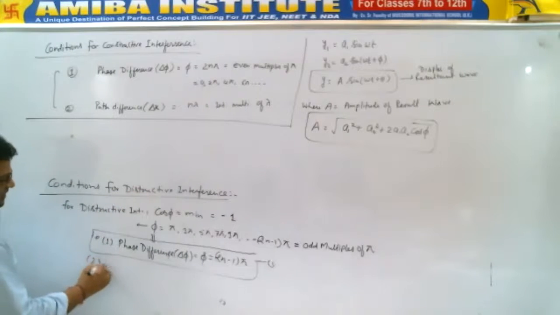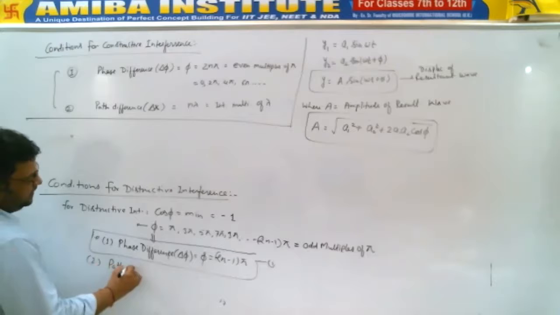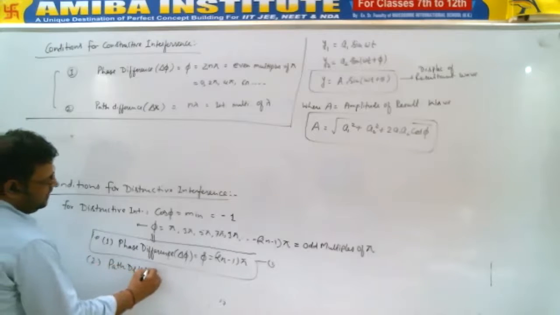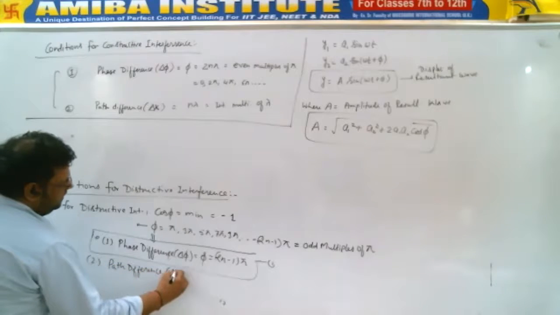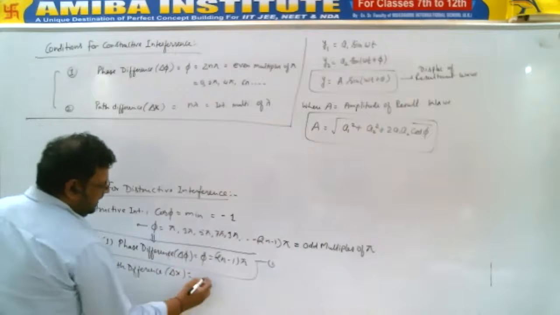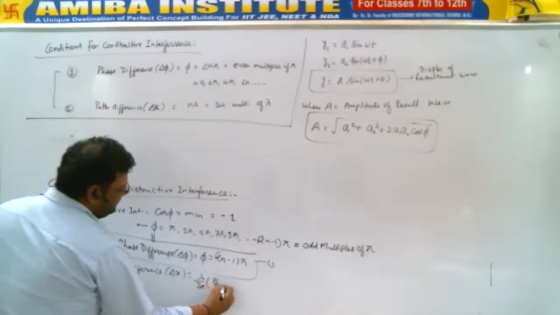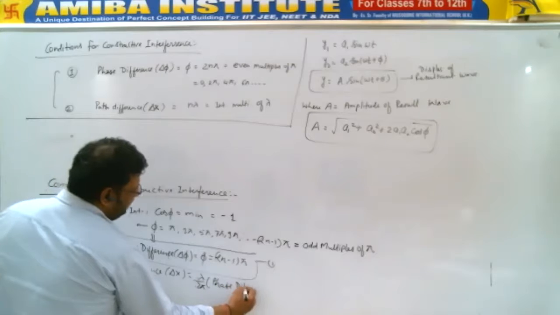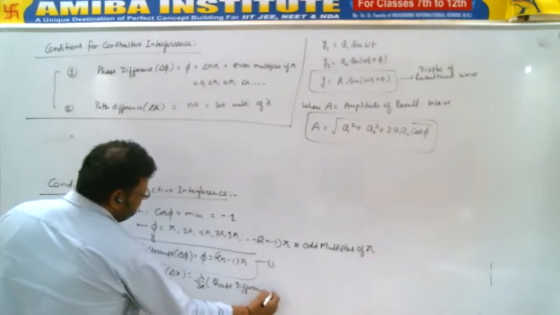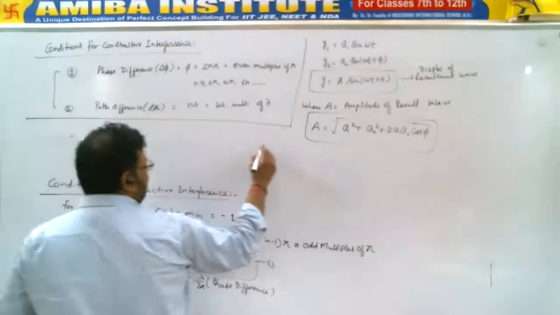Now, based on this, we can calculate the path difference. What is the related formula? Delta x is equal to lambda upon 2 pi into phase difference. This is the formula for path difference, right?